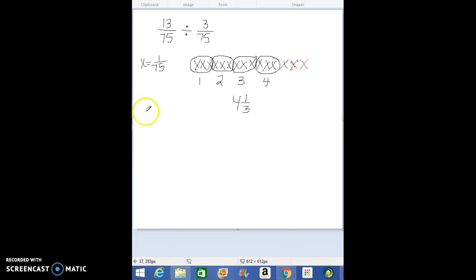So again, I can think algorithm-wise. If I have the same size pieces, I just divide the numerators. 13 divided by 3, and you could think of it as 13 over 3 if you wanted to, is exactly 4 1/3.